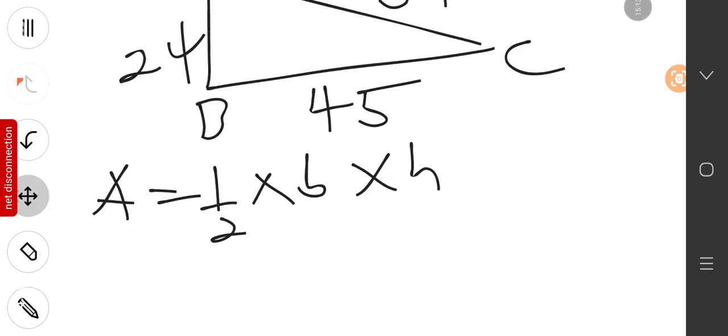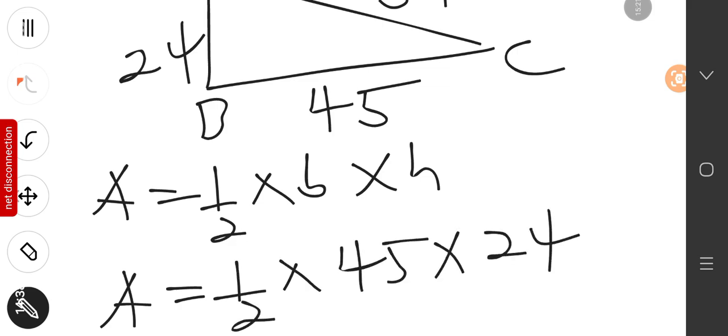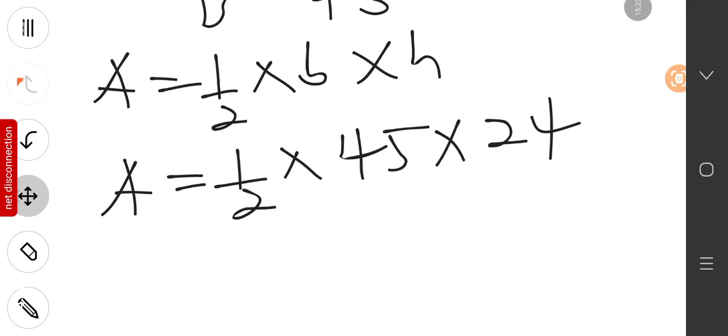So we are going to have A equals half times the base, which is 45, times the height, which is 24. So our equation becomes, 2 cancels itself, 1 goes here, 12.